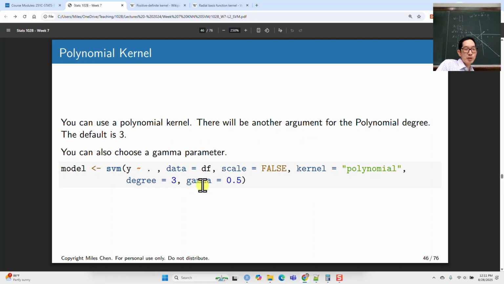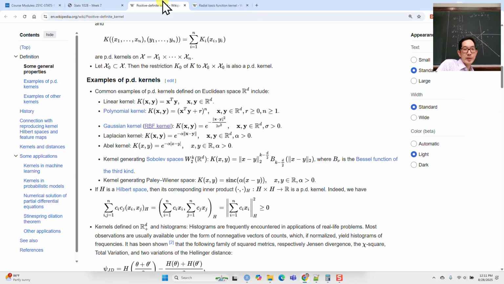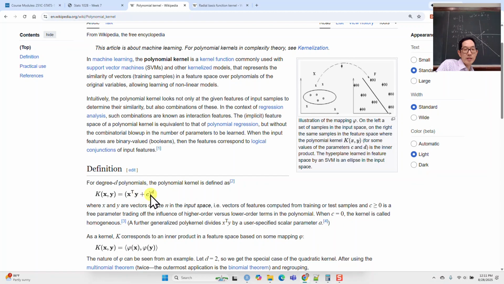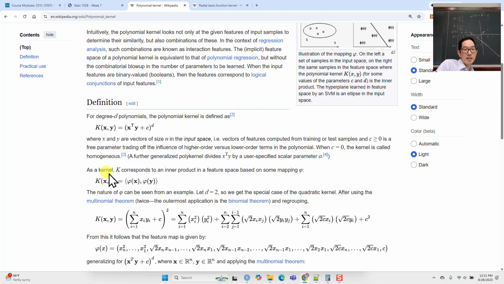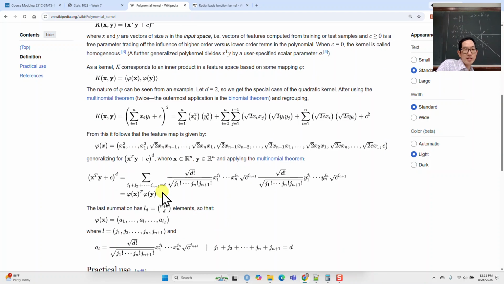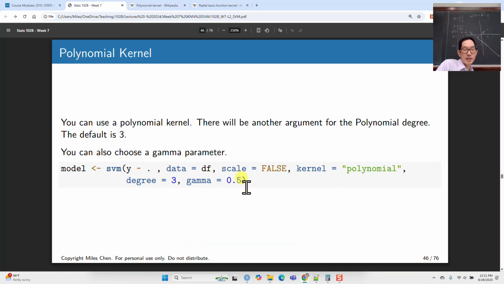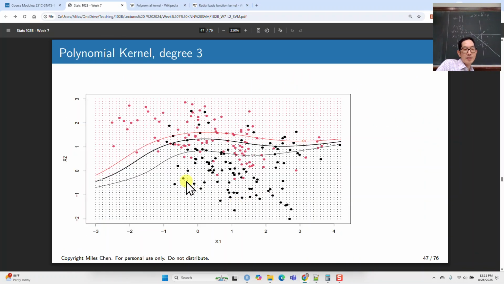With a polynomial kernel, you can bring in a few additional parameters, okay? So as far as the polynomial kernel goes, there you can change the C and the D, and basically, as a kernel, the K corresponds to an inner product of this feature space to some mapping. And so anyway, you have all of this stuff here. And so this is kind of its best trying to do with a degree 3 polynomial.